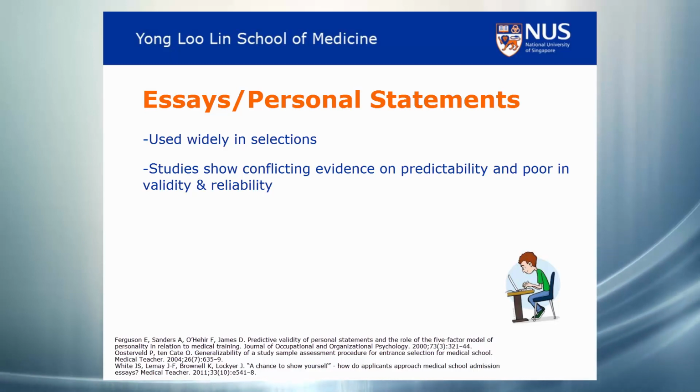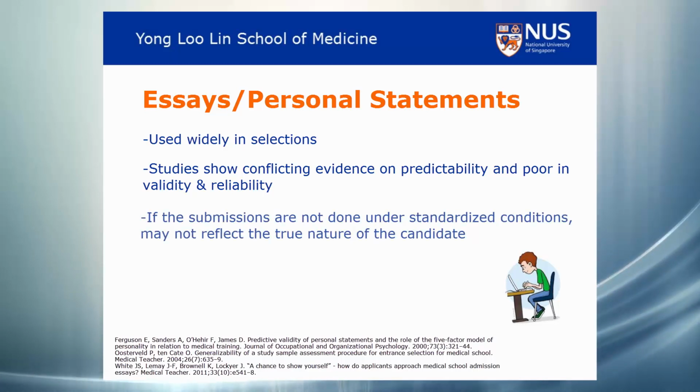The main problem here is that you do not know whether the essay or personal statement submitted about yourself was really written by you or by someone else. So if the submissions are not done under standardized conditions, they may not reflect the true nature of the candidate. Therefore, you need to be a bit careful in using personal essays and statements.